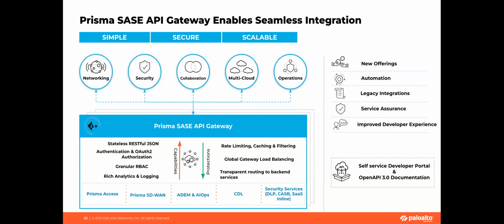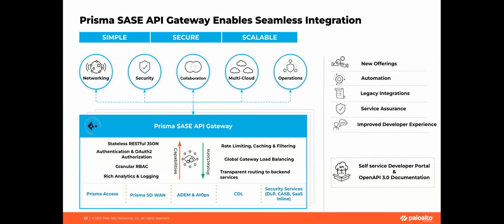By leveraging the API gateway service, managed service providers or distributed enterprises can seamlessly integrate networking, security, collaborative applications, multi-cloud architectures, operational systems, empowering them to offer or build new offerings, enable automation, integrate legacy systems, enable service assurance, and enhance the developer experience for their R&D or development teams.